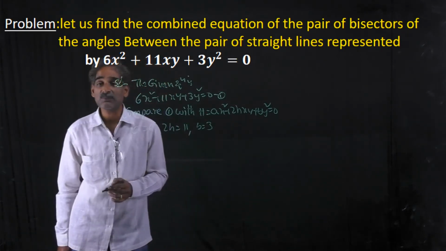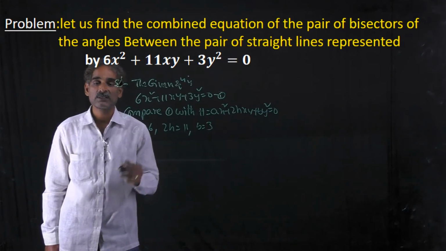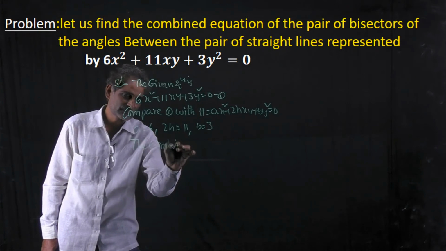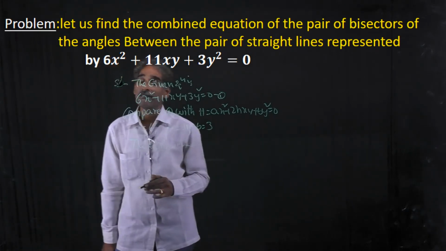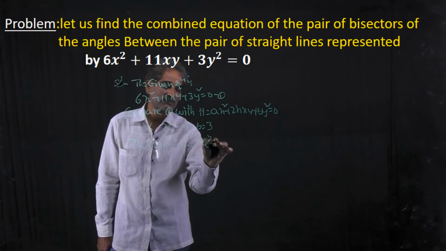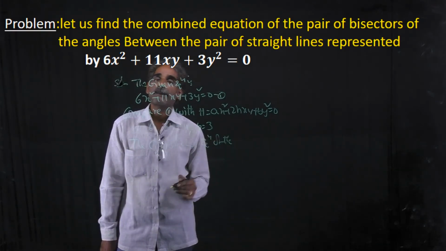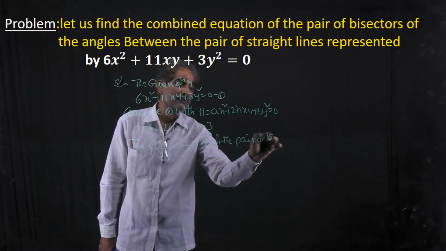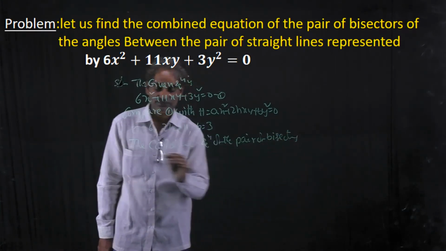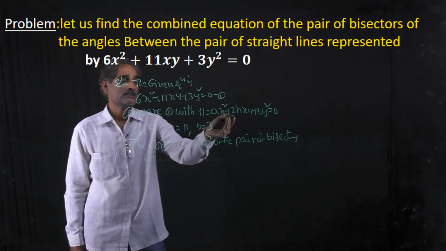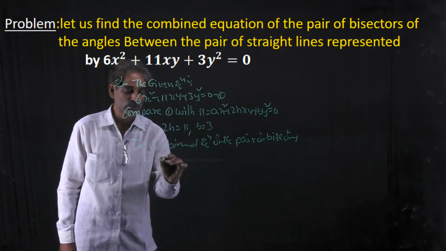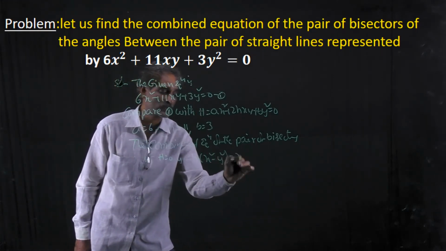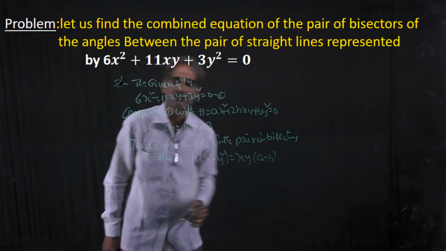So now what is the formula for the combined equation of the angular bisector? The combined equation of the pair of bisectors of this equation is h into x square minus y square is equal to xy into a minus b.